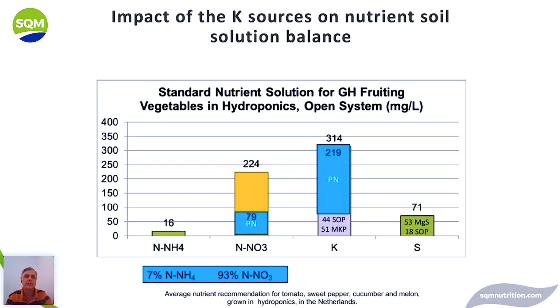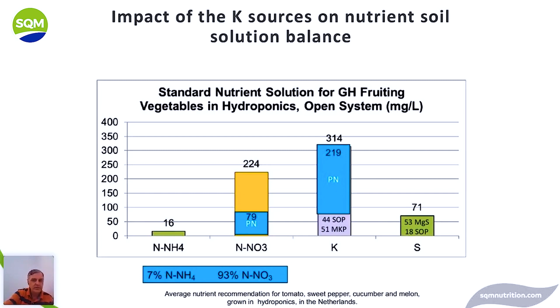Using MKP, they are supplying 51 milligrams per liter of potassium, but they need 314 milligrams per liter. In this case, they use potassium nitrate to supply the other 219 milligrams per liter of potassium. And then they reach the target, 340.